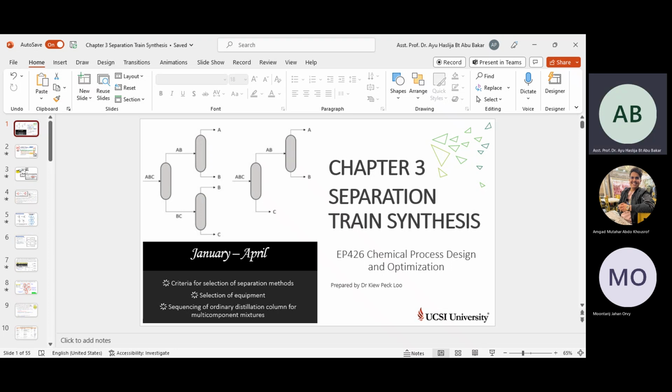Okay, let's start on chapter 3. In what subject have you learned about distillation? Separation of mass transfer. Okay, so you already have the basic knowledge on the relative volatility. That is not a new term, you already know, right?